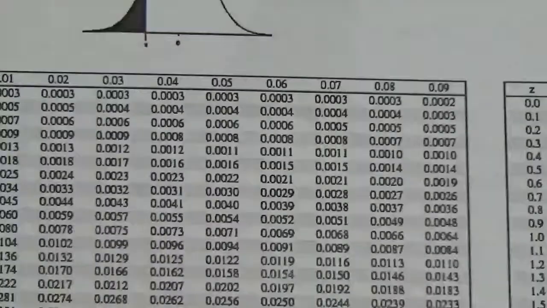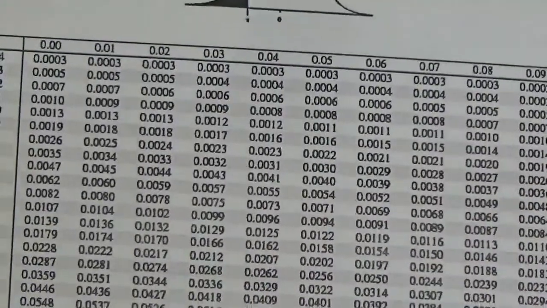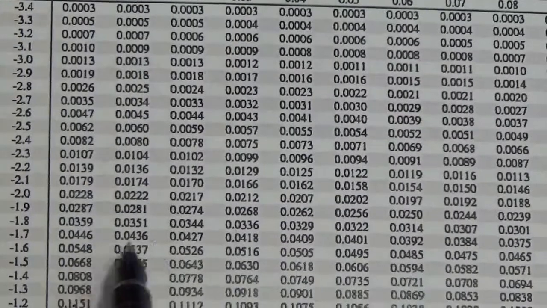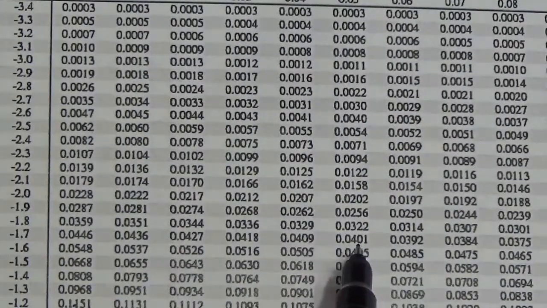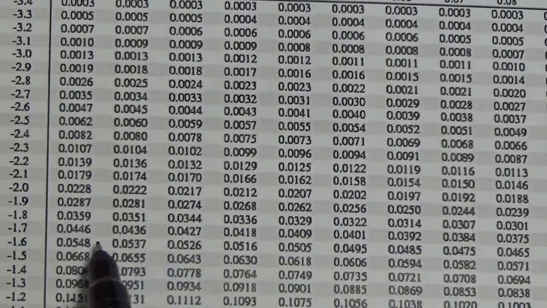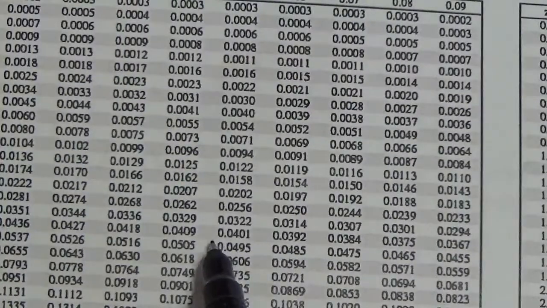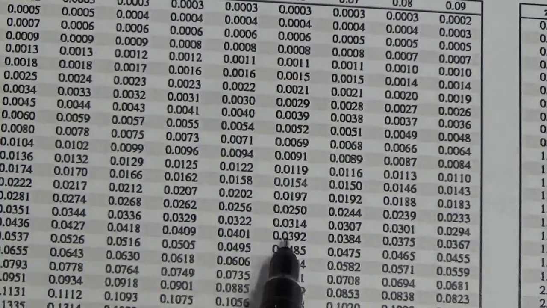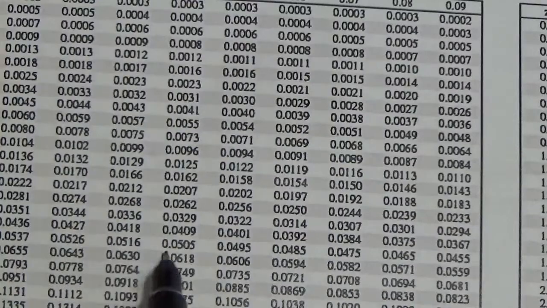So 0.0475. So 0.04. Okay, so I'm seeing the 4s right here. 0.0475. Where are we at here? Maybe we got to look here. 0.04. Oops. Did I miss it? Yeah, I did. 0.0475.